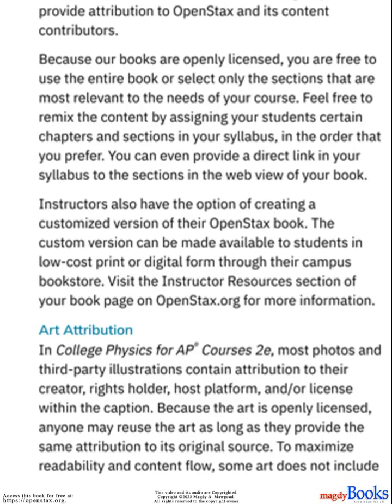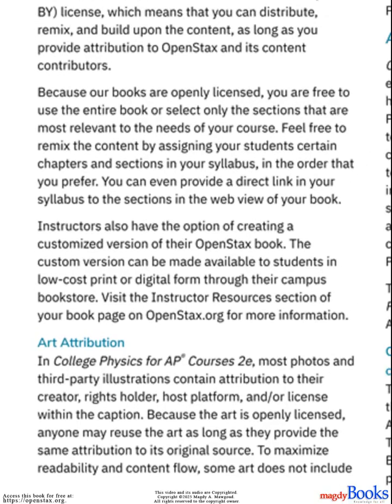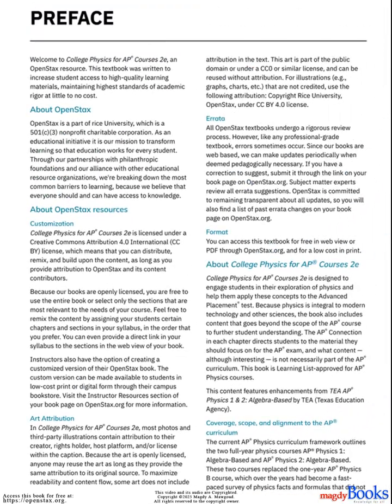Art attribution. In College Physics for AP Courses 2E, most photos and third-party illustrations contain attribution to their creator, rights holder, host platform, and/or license within the caption. Because the art is openly licensed, anyone may reuse the art as long as they provide the same attribution to its original source. To maximize readability and content flow, some art does not include attribution in the text.